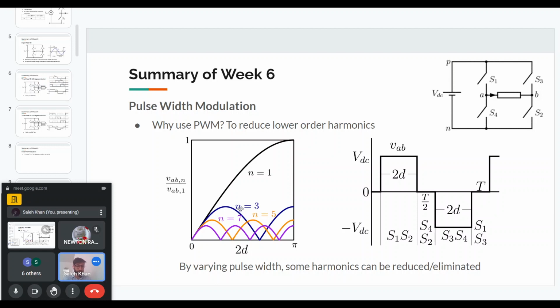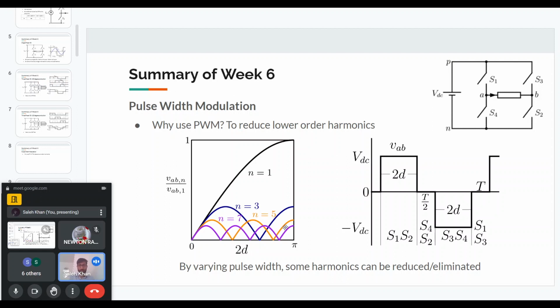For example, the third harmonic starts from 0 to some maximum, then goes to 0, then again to some maximum. If the pulse width is pi, that is normal 180 degree operation, then the harmonics are maximum. But for other degrees, we can reduce the harmonics. For example, for 120 degrees, the third harmonic is eliminated, it is 0.